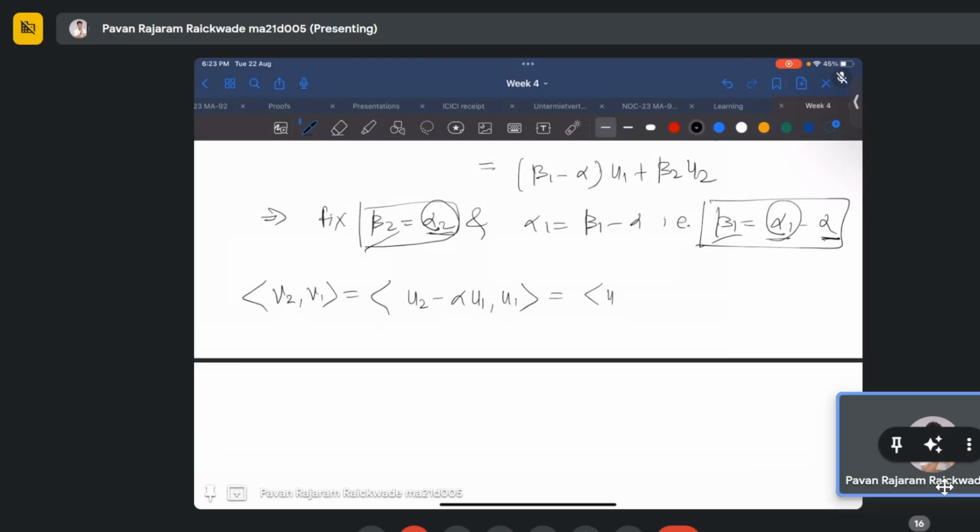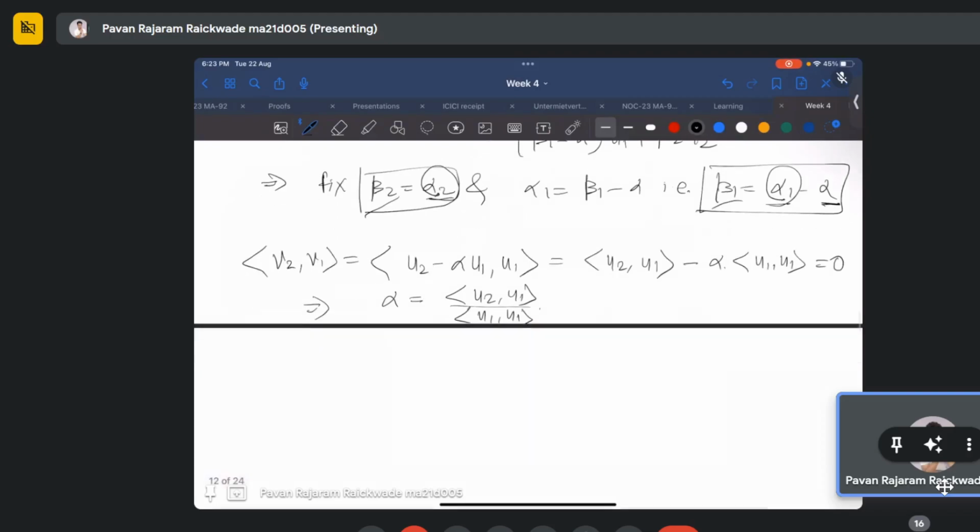So it equals the inner product of u2 with u1 minus alpha times the inner product of u1 with u1, which is 0. This implies alpha is the inner product of u2 u1 upon the inner product of u1 u1. So this is the alpha that you want to choose. That's how you do the Gram-Schmidt procedure.